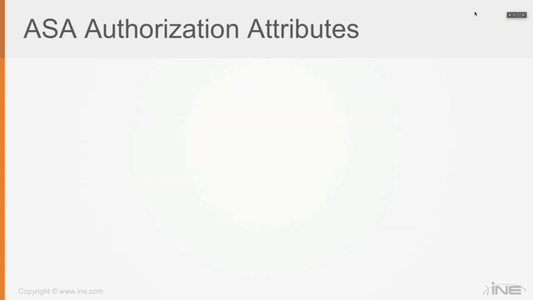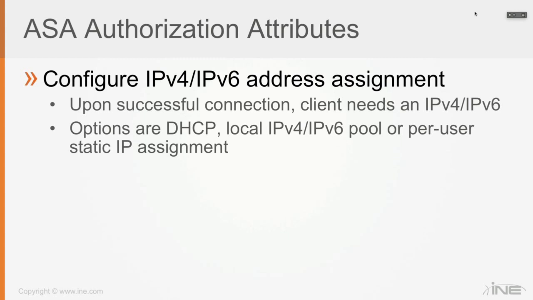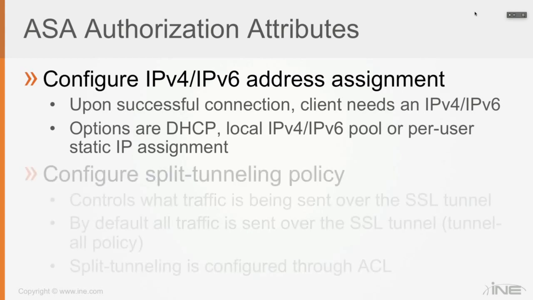Then authorization attributes, which means we have to configure the address assignment. The VPN gateway has to assign an address to the AnyConnect client. Options are via DHCP, locally on the ASA or remotely, or via a local IPv4 or IPv6 pool, or you can do per-user static IP assignment if you authenticate the AnyConnect clients using the local database of users of the ASA.